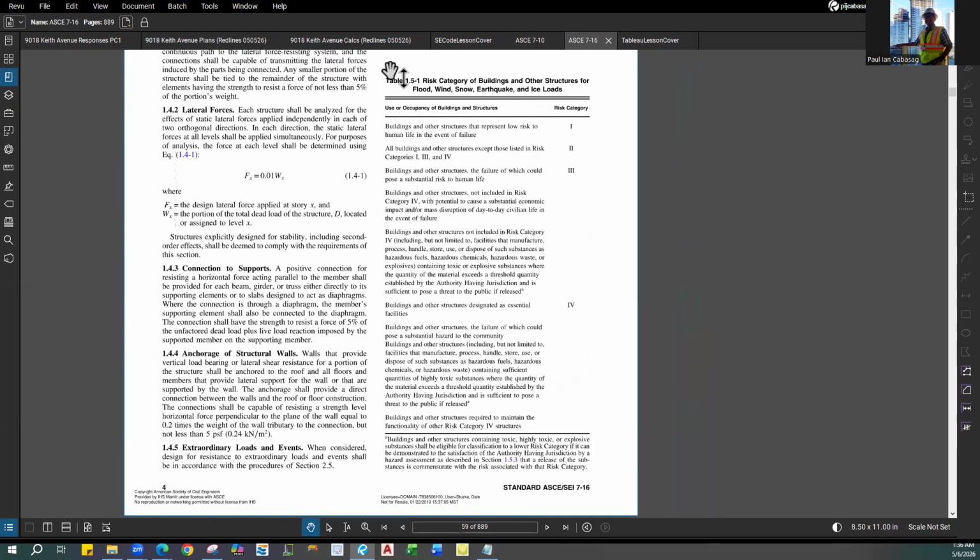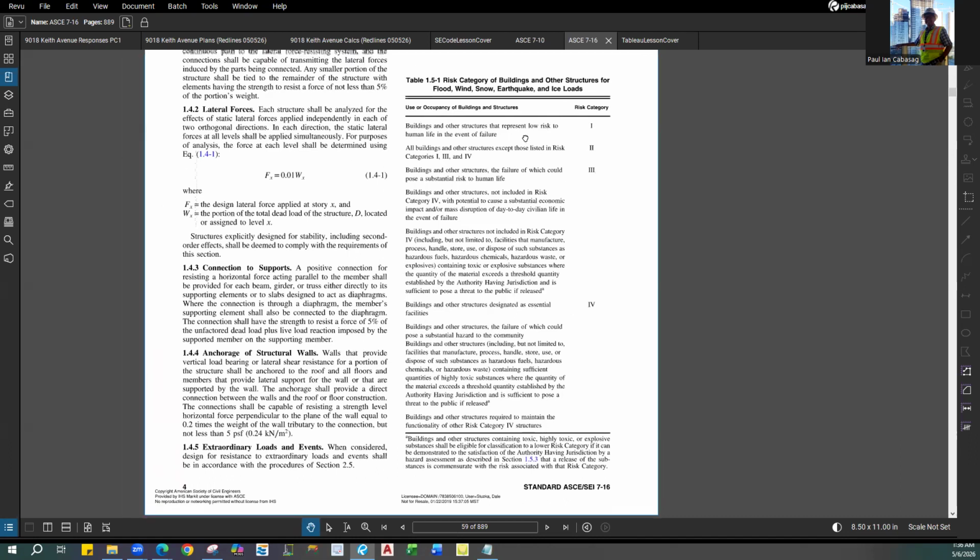When you're trying to design a building, you need to know its occupancy, mainly if it's residential, commercial, a hospital, or a police station. Each particular occupancy or use of a building has a corresponding risk category.